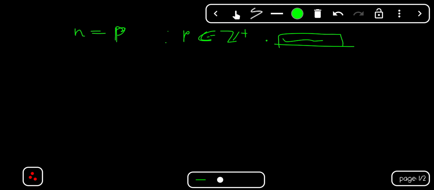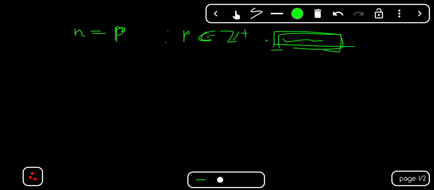Okay, so now the hypothesis, which is the assumption. Let n equals p, and we have to mention that p is an element of positive integers. We assume that it is true.